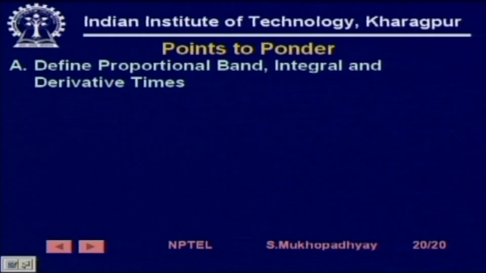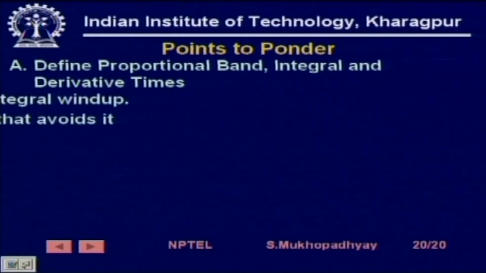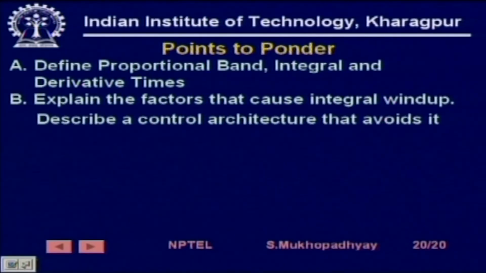So, you might like to write yourself the definition of proportional band, integral time and derivative time. You would like to explain the factors that cause integral wind up. So, integral wind up is basically caused by two factors. So, what are those factors?